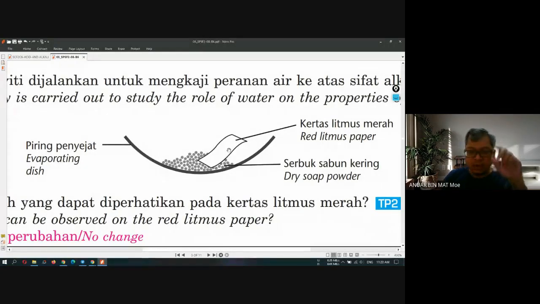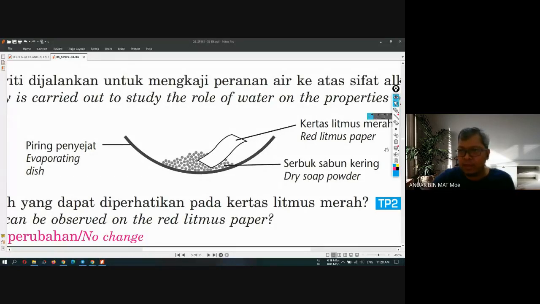Remember class, in order to test whether a substance is acid or alkali, there must be the presence of water. If there is no water, you cannot determine whether the material is acid or alkali. So you dilute it with water, then you take the litmus paper, blue or red, and test whether it changes or not.